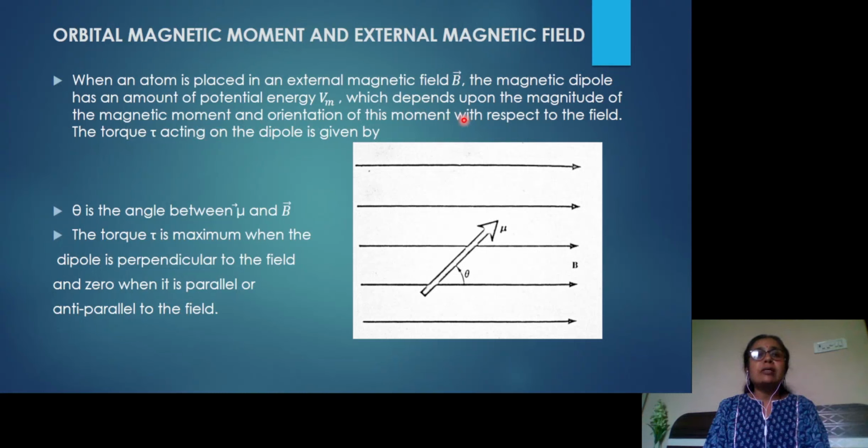Here we are considering the atom as a magnetic dipole, and when this dipole is placed in an external magnetic field B bar, how the interaction between the atomic dipole moment and the applied magnetic field affects the potential energy of the magnetic dipole, that we are going to see.